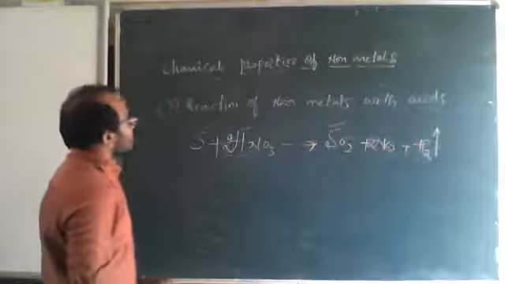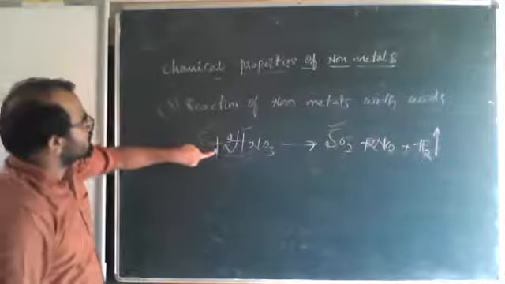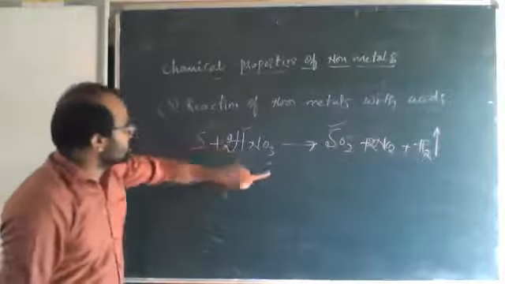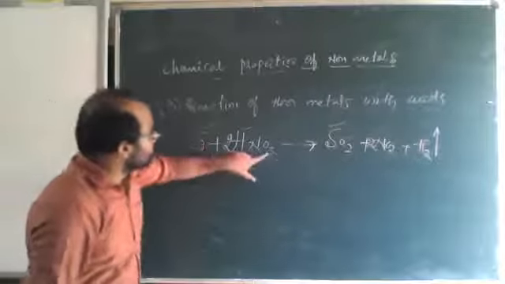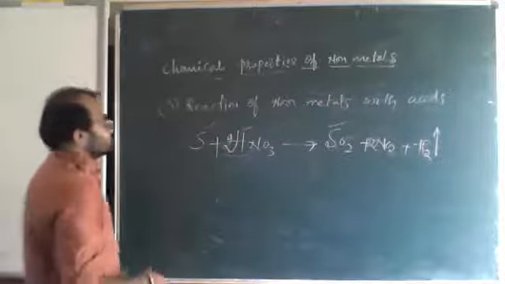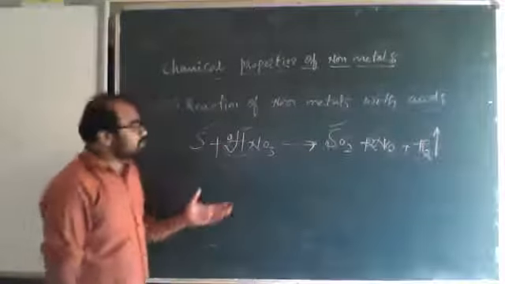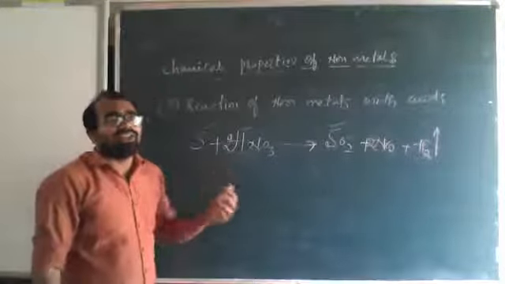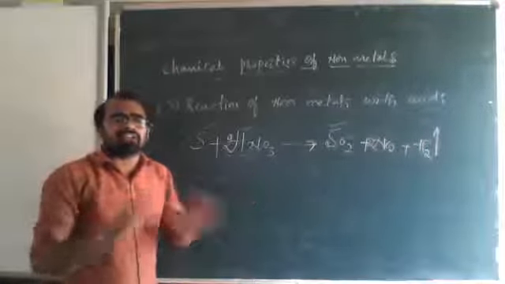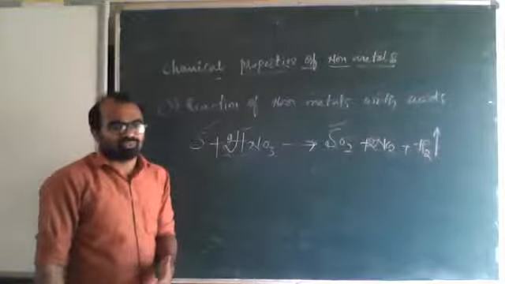If I see now, look here: S plus 2HNO3 gives SO2, 2NO2 plus 2H2O. Now I think it is correct. Check the balancing. I am telling this just for balancing. You will learn balancing completely in SSLC, but if you know it now, definitely it will help you.